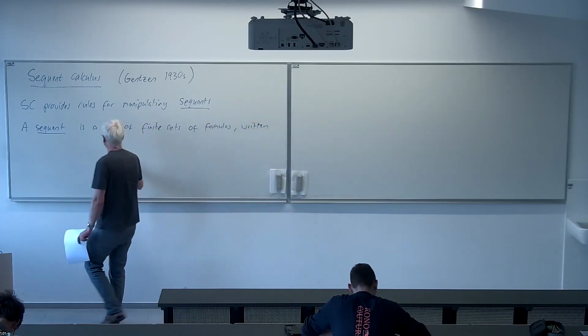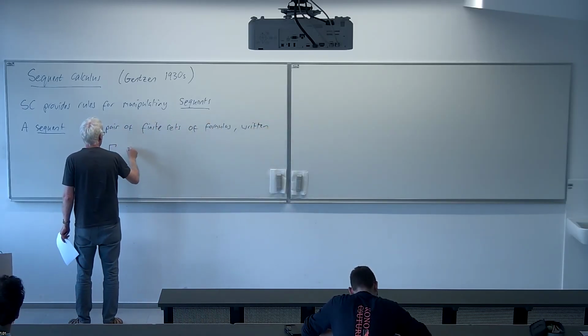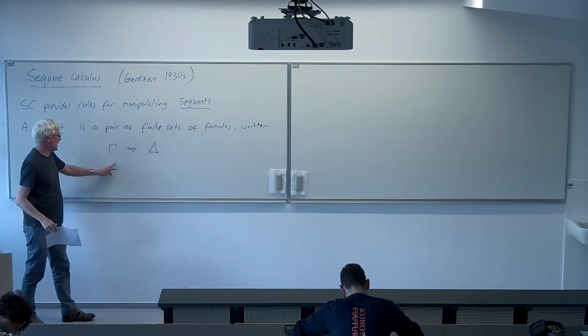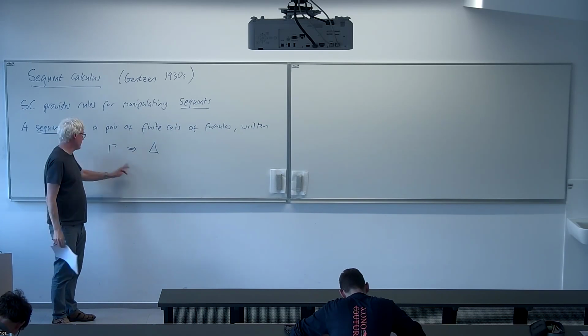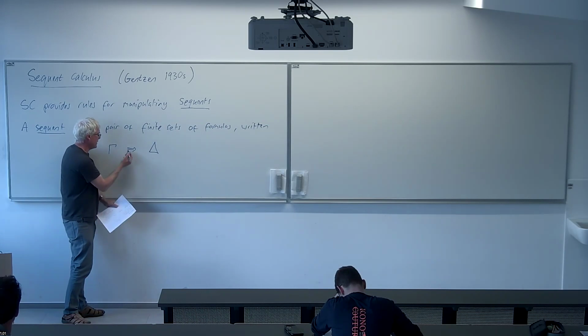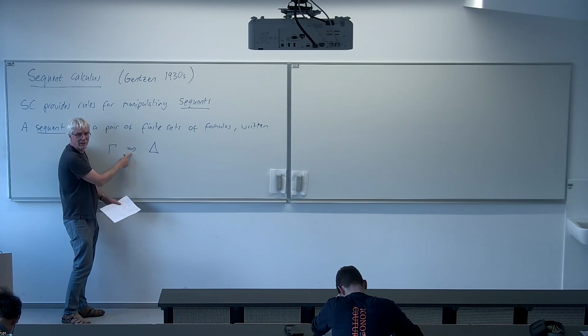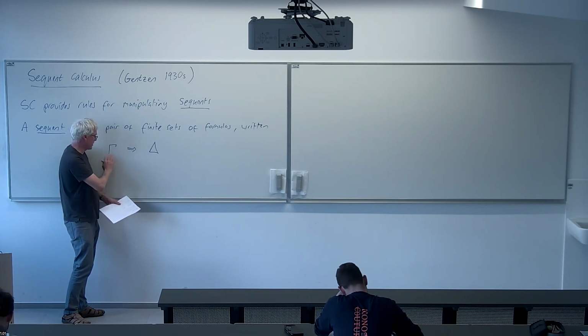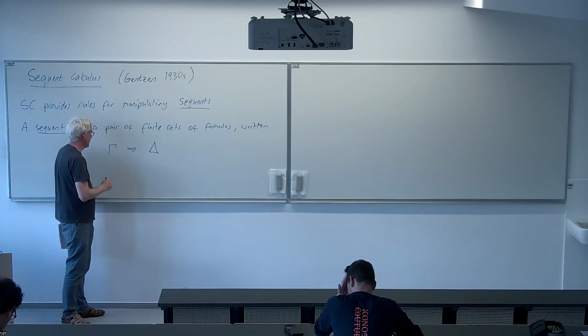I'll typically use gamma and delta for finite sets of formulas. I write gamma on the left and delta on the right, and this symbol here is just, for me, a long double arrow. You can think of it as a kind of implication, if you like, but it's not a logical connective. It's simply notation for the pair construction, that we're constructing a pair of finite sets of formulas.